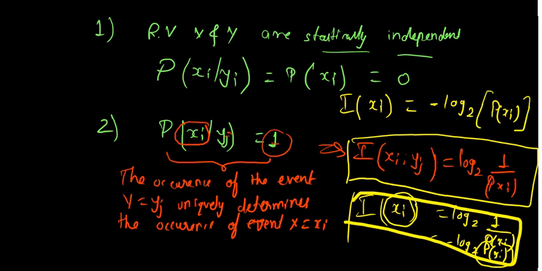It means that as the probability of occurrence of event xi is higher and higher, the information attached to that event becomes lower and lower.